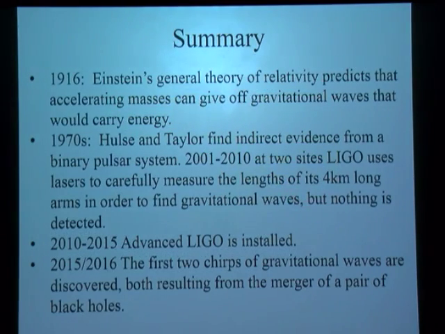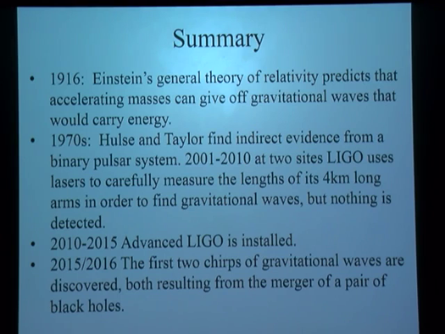Wonderful. Here's a quick summary. So Einstein's general theory of relativity, his theory of gravity, predicts that accelerating masses can give off these gravitational waves that carry energy but are really weak. In the 1970s, Hulse and Taylor found indirect evidence of this through binary pulsar systems. LIGO came online for the first time in 2001 and ran until 2010. It did not detect anything.